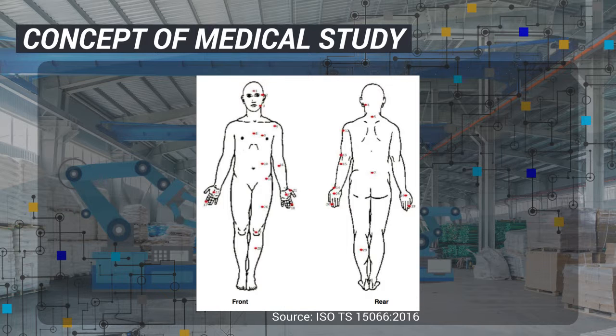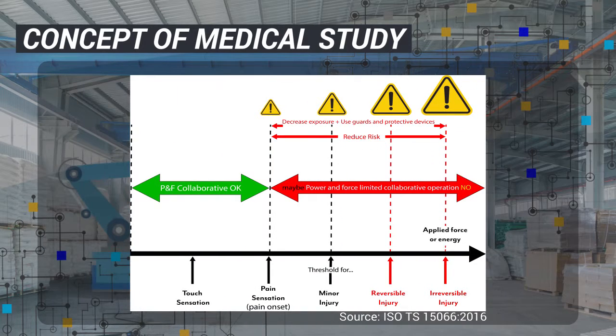This research yielded the biomechanical limits of the human body in reaction to robots' force and pressure. Besides, the ISO 10218-1 and 2 talk about calculations for robot speed to adhere to within the biomechanical limits.